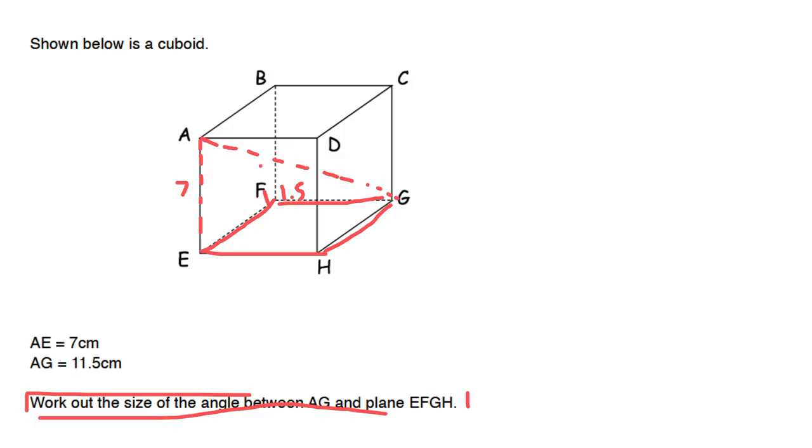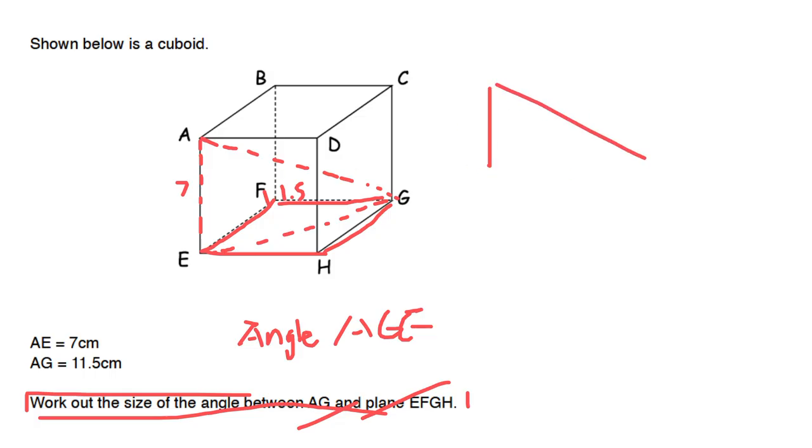Use common sense. AGF would be a slanted angle and simply wouldn't be realistic to find out. AGH is the same situation. So you must infer that AG must cross over the plane, so it goes from AGE. Instead of saying this, it is essentially asking for the angle of AGE. We already know two values, so let's draw the angle here. This will be theta, and this is 11.5, this is 7.